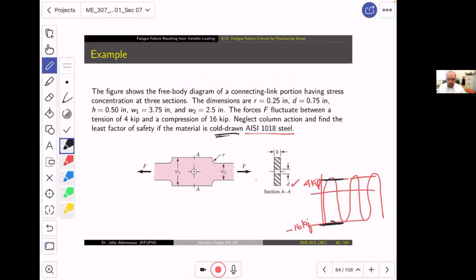We have a fillet over here and we have a hole. Very common in the industry, and we know that these are going to cause stress concentration.